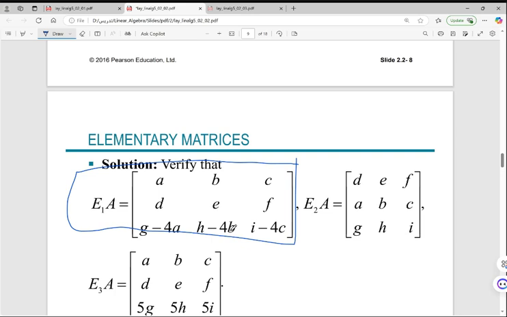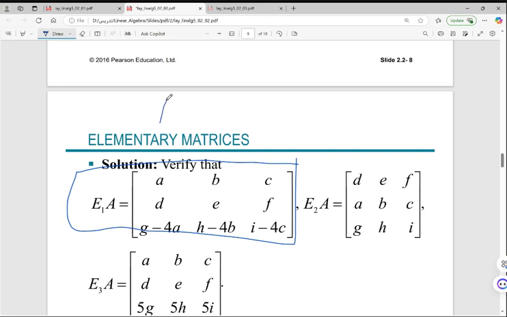So instead of applying a row replacement on A, you can apply that operation on the identity matrix and build E1, then write the changed matrix as E1A, right?